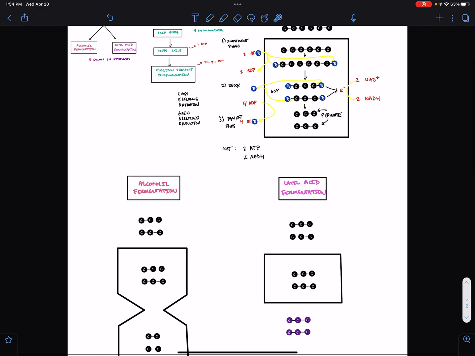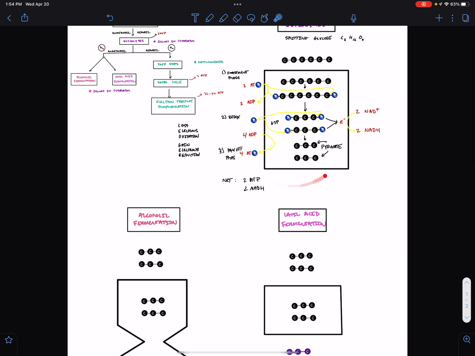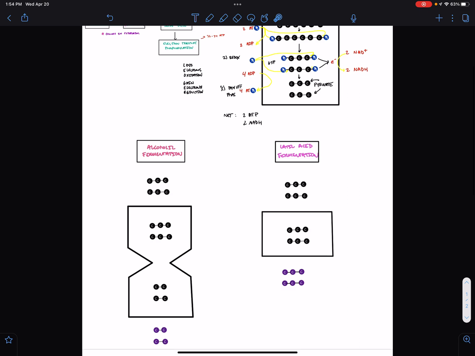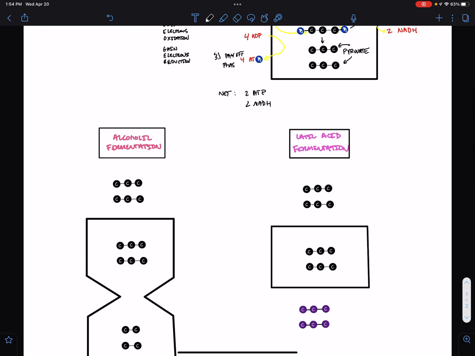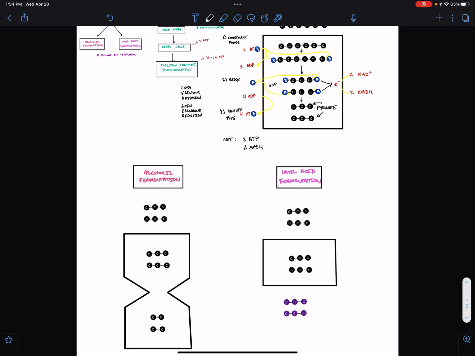Okay, so the whole point of the fermentation pathways is to free up this NADH, return it to NAD+, so that we can keep doing glycolysis and keep getting this 2 measly ATP per glucose molecule in glycolysis. So we're going to have another redox reaction where now, instead of being reduced, NADH is oxidized.